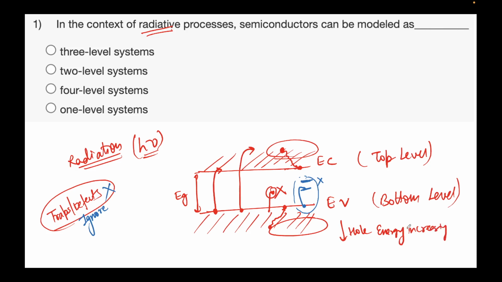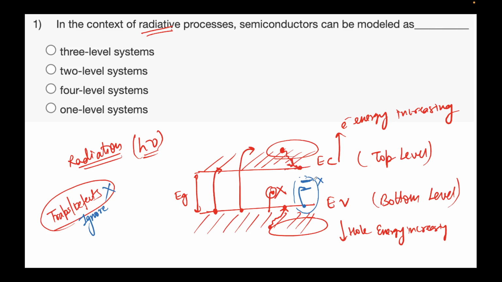If I denote a hole moving something like this, it means energy is decreasing. Similarly, electron energy is increasing in the vertically upwards direction. So if an electron is here for some reason, it can lose its energy and come to the lowest possible state, which is here.